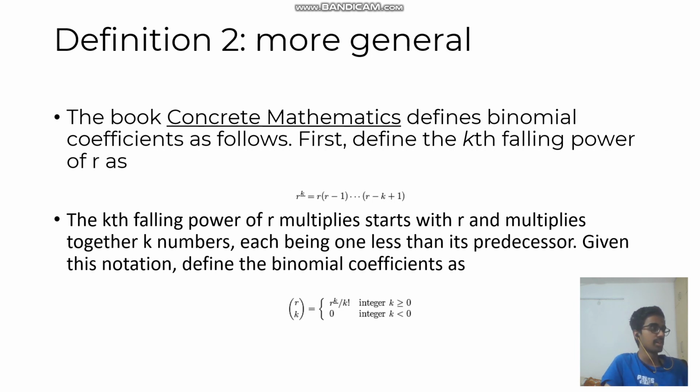Given this notation, we can define the binomial coefficients as (r choose k) equals r to the k falling divided by k factorial if integer k is greater than or equal to 0, else it is equal to 0 if integer k is less than 0.